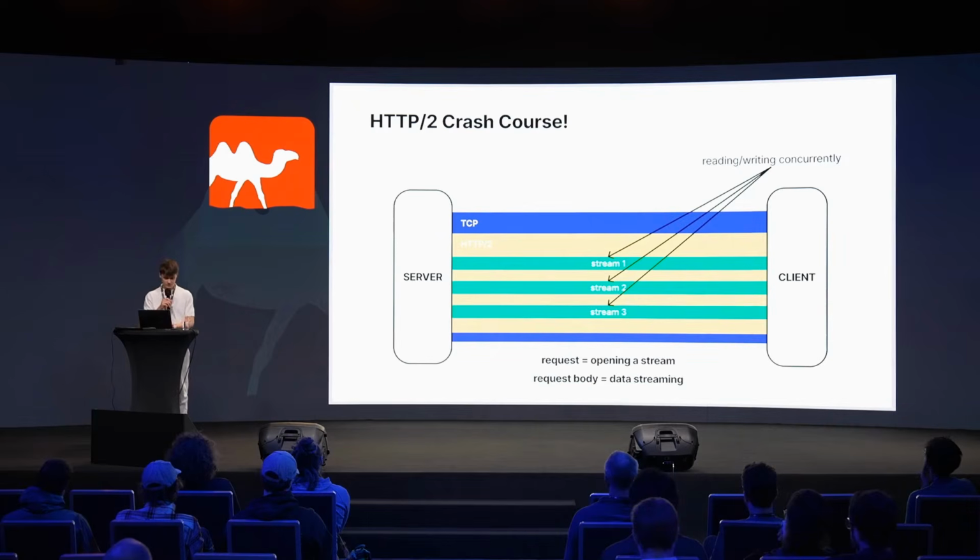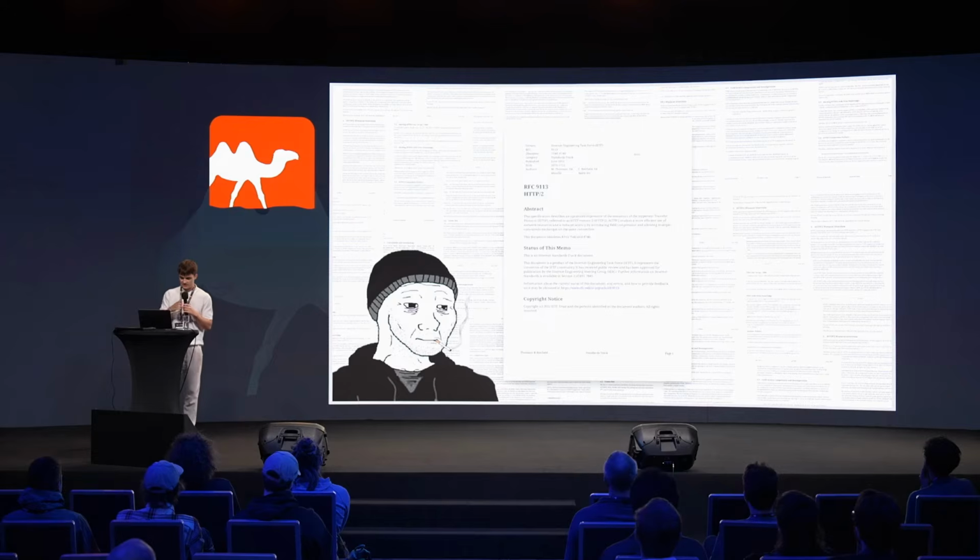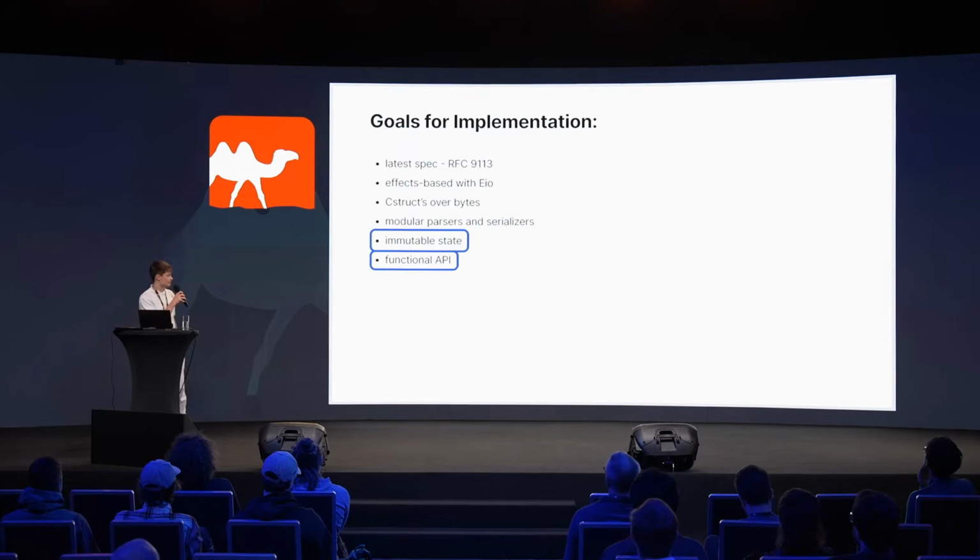What's important is that HTTP/2 is a pretty complex protocol. There are so many edge cases. When you look at the several implementations in other languages, not all are actually fully compliant with the spec, because it is a complicated spec. So those two things are pretty important.